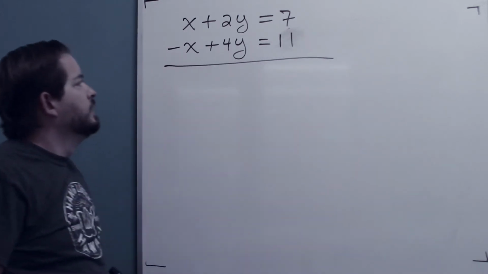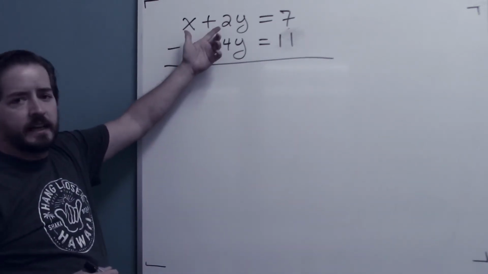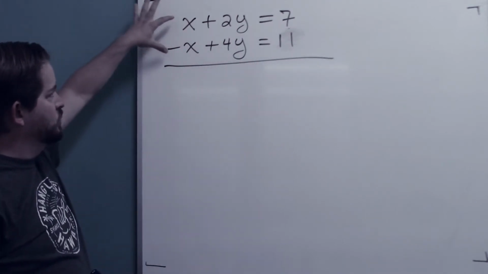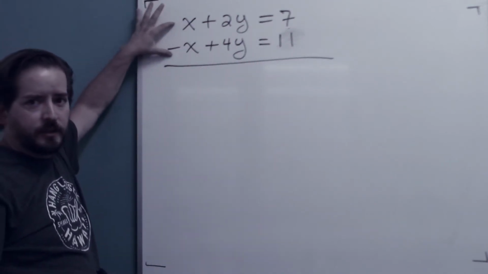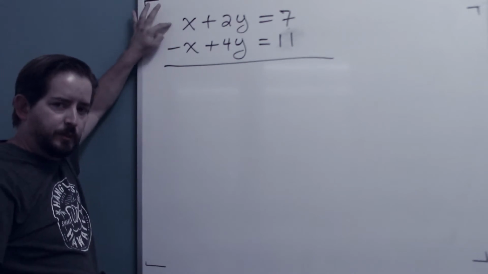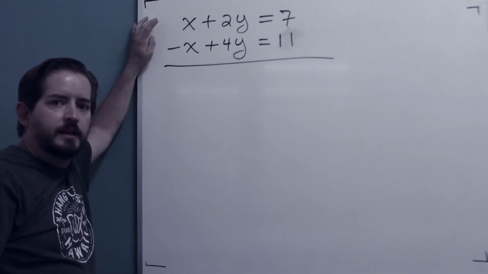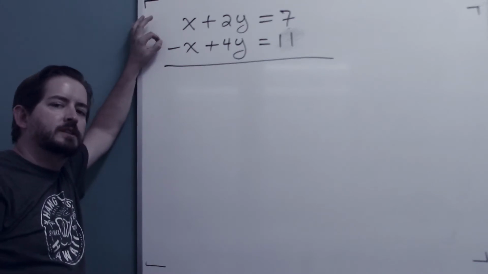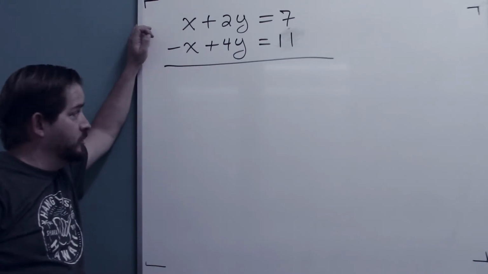Okay. Now again, I can add the left-hand sides together and then add the right-hand sides together. And what makes this work out is that these x's are going to be eliminated. We can see that because one of them is a positive 1, the other is a negative 1. So as long as one of my variables has the same but opposite coefficient, then this elimination method is going to work out for me.